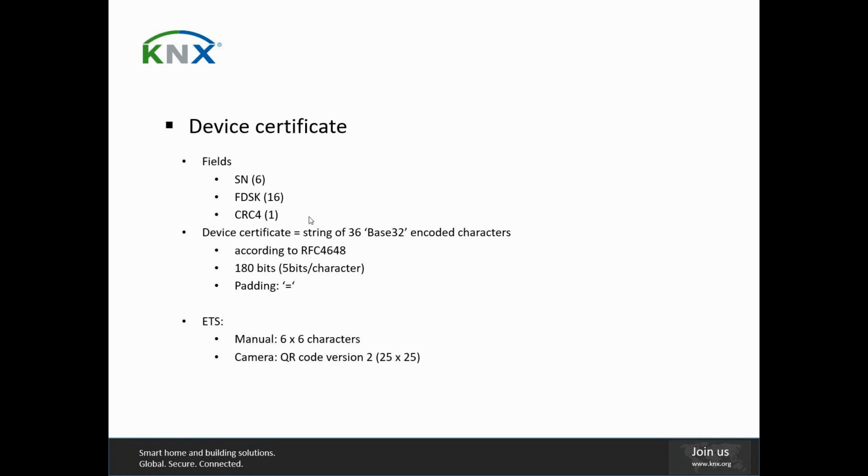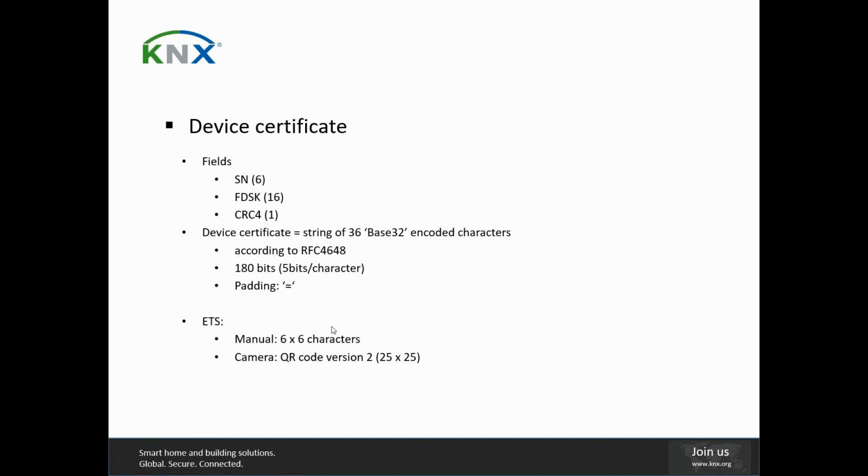So we have in total 36 characters, and this is your string. All of this is according to RFC 4648, which is probably better explained than I just did. Therefore, I put it also on the slide here.